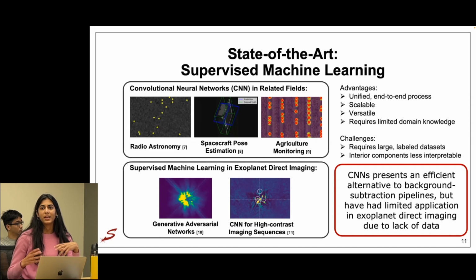So again, we're tied to having calibration imaging sequences instead of being able to make detections on single images. CNNs basically present a very efficient alternative to these background subtraction pipelines, but they've had limited applications due to lack of data.